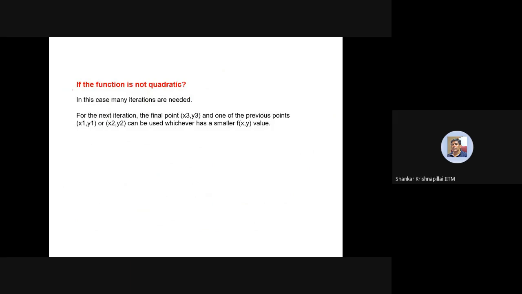So what if the function is not quadratic? In that case, many iterations are required. What happens is that we get the best value of the minima, which will lie in the middle of m1 and m2. So this final point and one of the previous points, x1, y1 or x2, y2, can be used, whichever has the smaller f of x, y value.